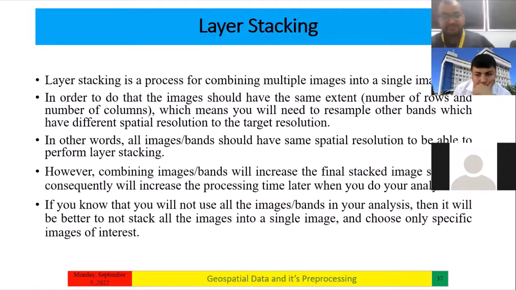Layer stacking is useful when dealing with multispectral imagery. In multispectral imagery, multiple images exist for different spectrums, and all these images can be brought together after the layer stacking process.